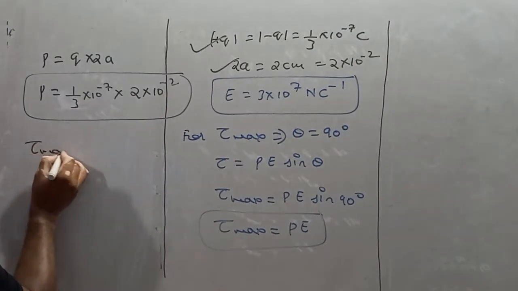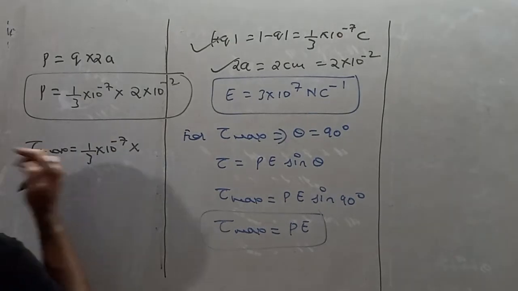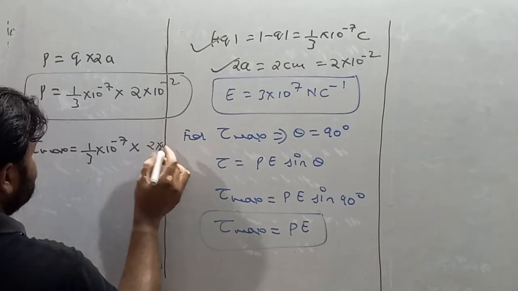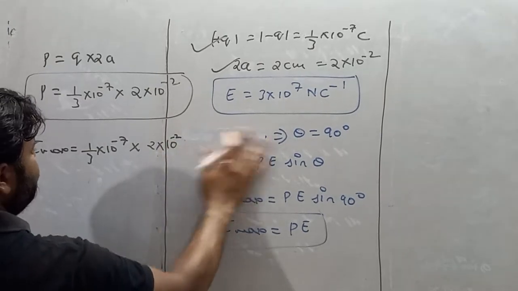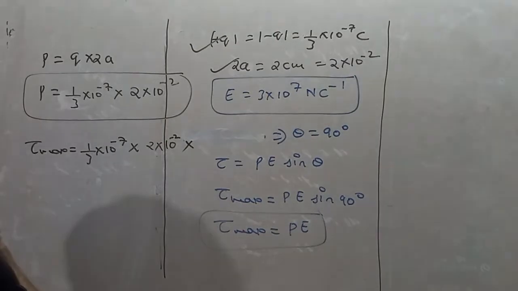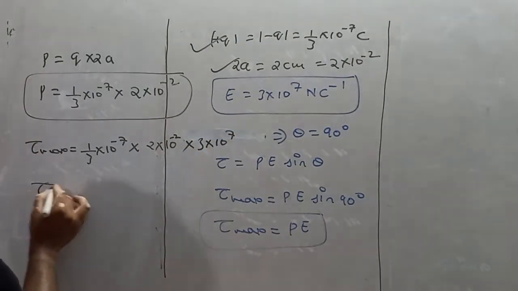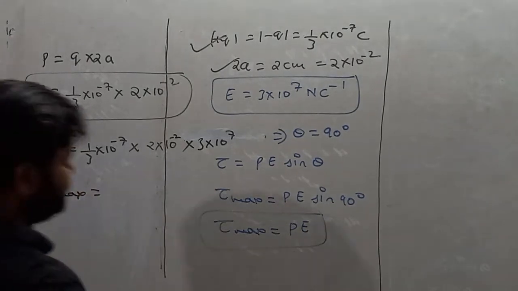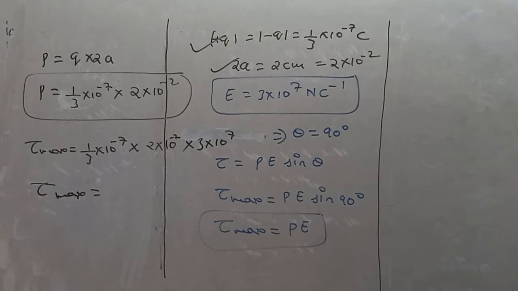So tau max is equal to 1/3 into 10 raised to power minus 7 multiplied by 2 into 10 raised to power minus 2, that is Q into 2A into E. E is 3 into 10 raised to power 7. So my dear students, try to find the value of torque. It is equal to 0.02.